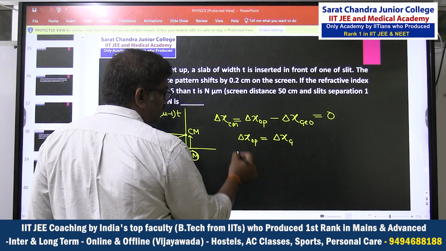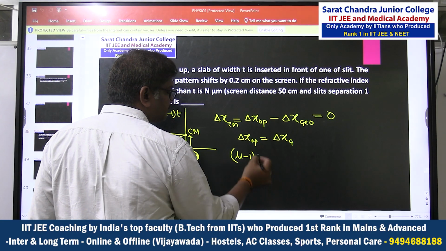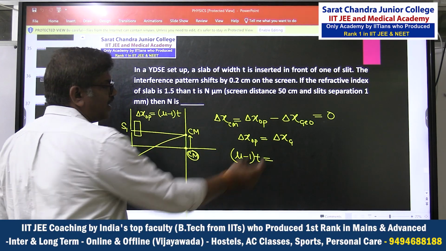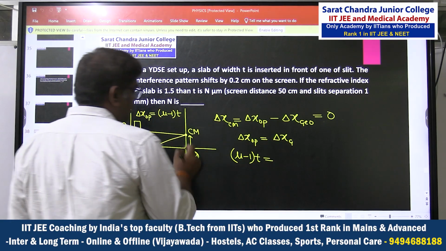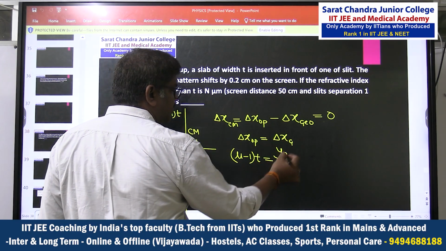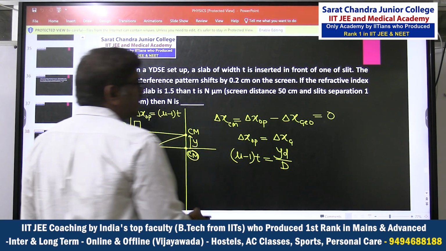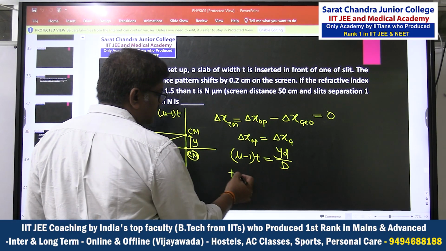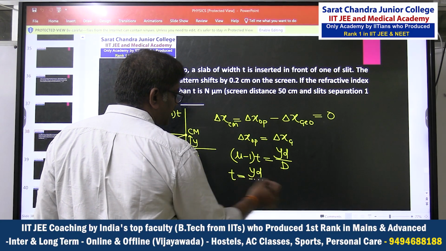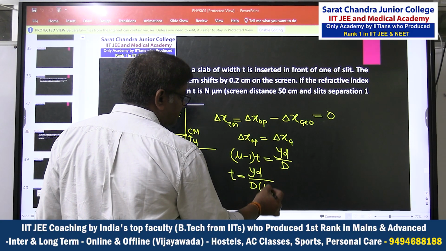So you can write down mu minus 1 into t. That is your optical path difference because of the transparent slab. And this geometrical path difference corresponding to this y will be given by yd by D. That's why this t you can write down as yd by capital D into mu minus 1.